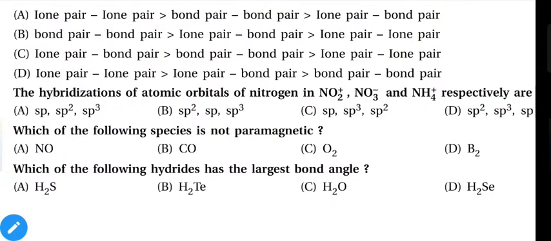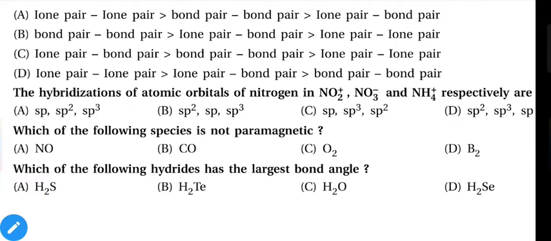Next is to arrange these pairs in proper manner. You have to arrange them according to their repulsions, because we have two types of electron pairs, lone pairs and bond pairs. As we know, lone pairs are located at a single atom, while bond pairs are shared pairs, so they are comparatively away from the nucleus, and lone pairs are comparatively closer, and that's why they repel strongly.